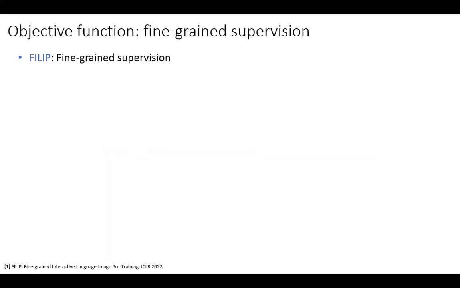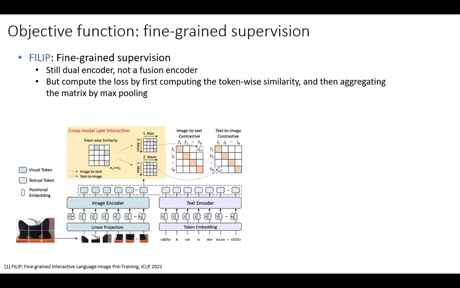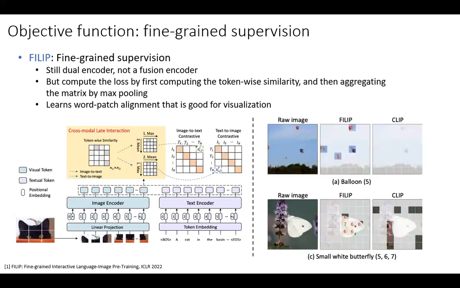And then I'm going to talk about objective function. One paper is fine-grained supervision. Besides the contrastive loss we are going to use, people have been developing how we can provide more fine-grained supervision. And in this paper, they have shown that if we try to learn the word patch alignment during your training process, then you can enhance the performance and get a better CLIP model.